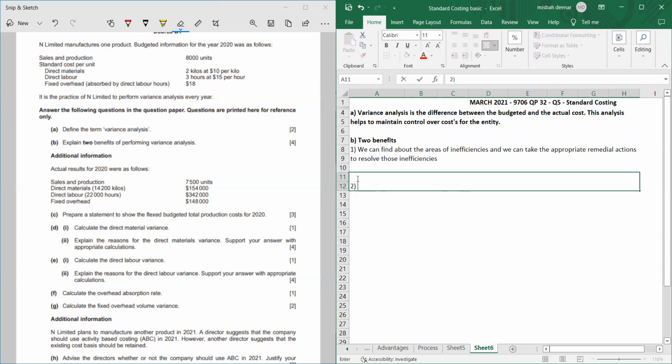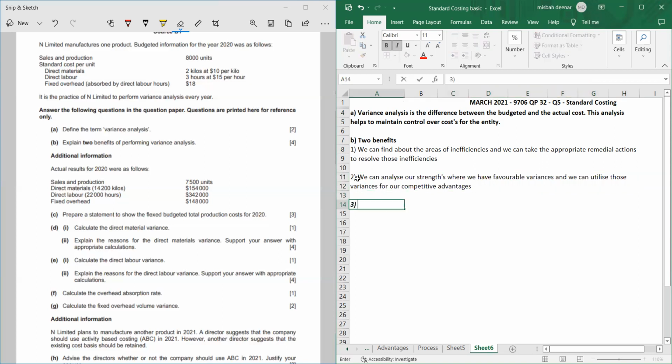Number two, we can analyze our strengths where we have favorable variances and we can utilize those variances for our competitive advantages.